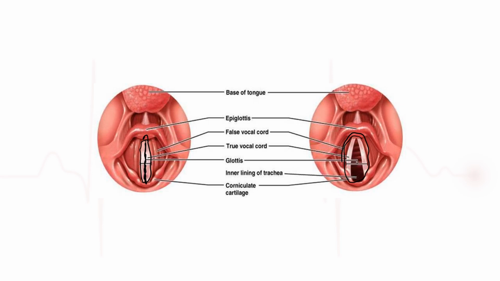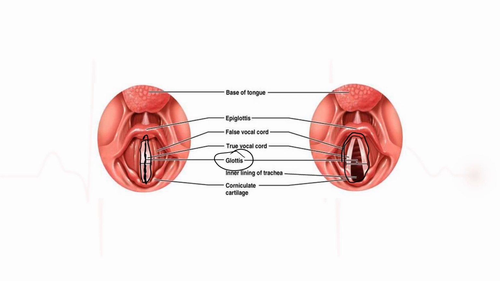If you talk about that opening in the center, plus the two vocal cords, they're called true vocal cords, but again, this isn't anatomy, so I'm trying not to overdo it. The opening in the center between the two vocal cords plus the two vocal cords is referred to as the glottis. Okay.